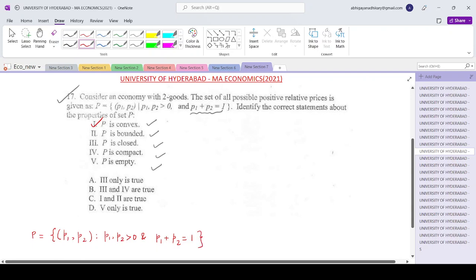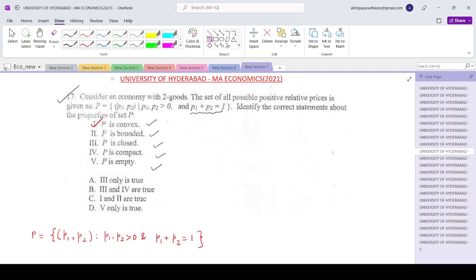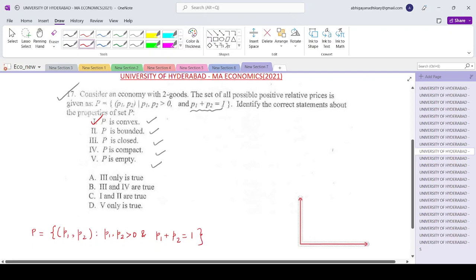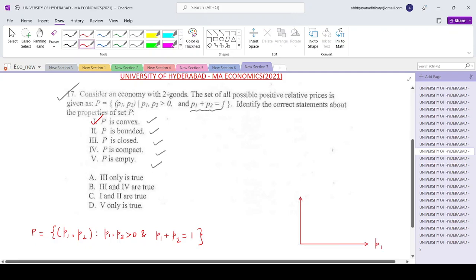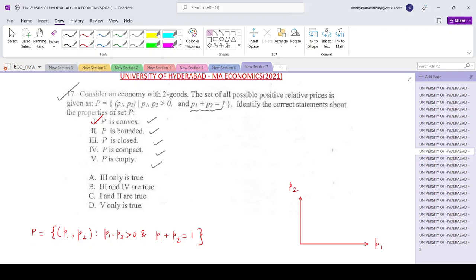So essentially, if I take P1 and P2 on each of the axes, it's basically a straight line, right? If you just draw a straight line, with intercept 1 each, then this indicates P1 plus P2 equals 1.